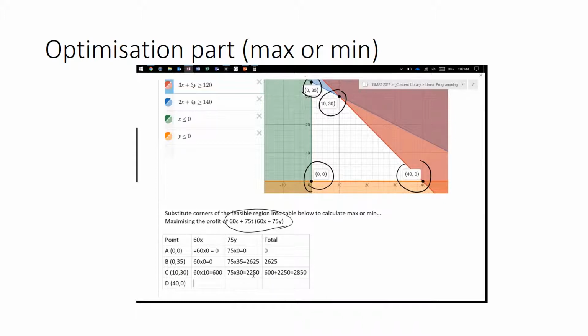40 times 60, I know is 2,400. 70 times 0 is 0, so it's going to be 2,400. Happy with that? Yeah. So where's it maximised? What's the highest profit? Is it this point, this point, this point, or this point?